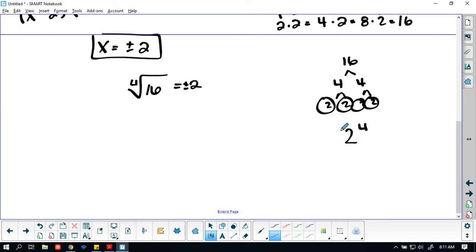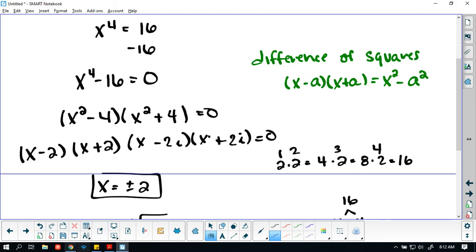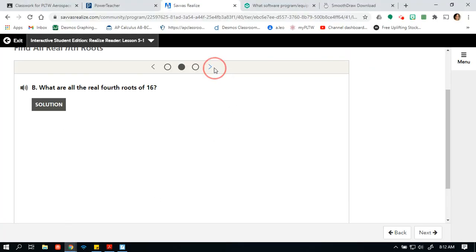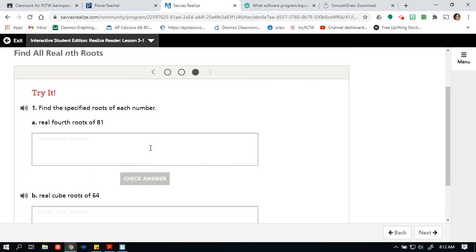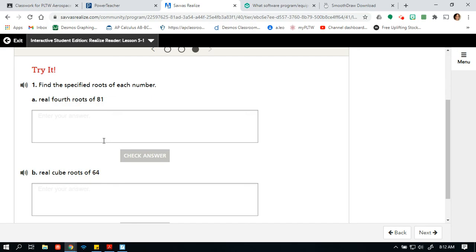So that's 2 to the 4th. And remember, this could be both plus or minus, because anything raised to an even power will give you a positive value. So again, you could do it that way. All right, so your try it, find the real fourth root of 81 and find the cubed root of 64.